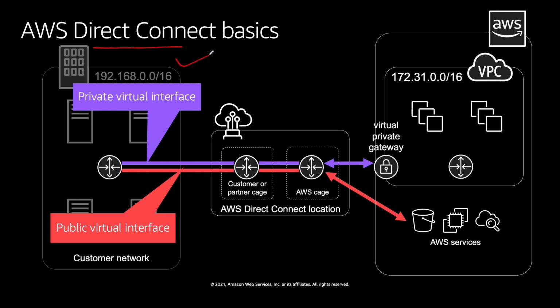So you have your on-premise, you have resources on AWS, and you don't want the traffic to flow through the internet. So you want to have a dedicated connection to your VPC. This is one of the ways that you can do so.